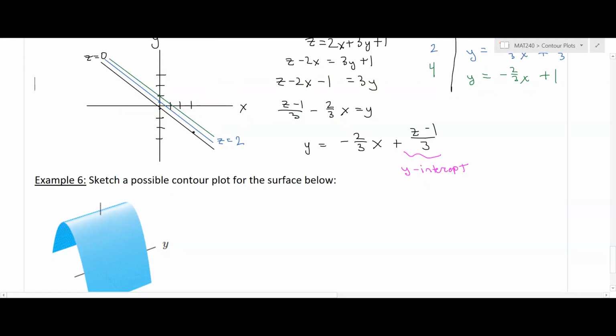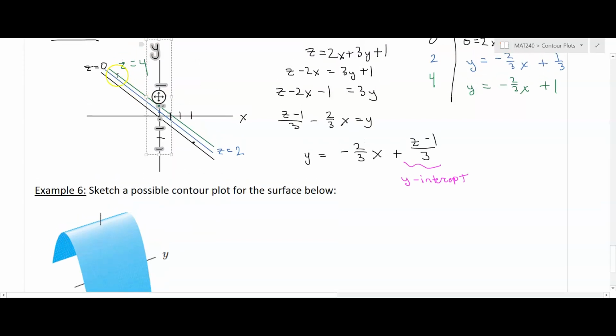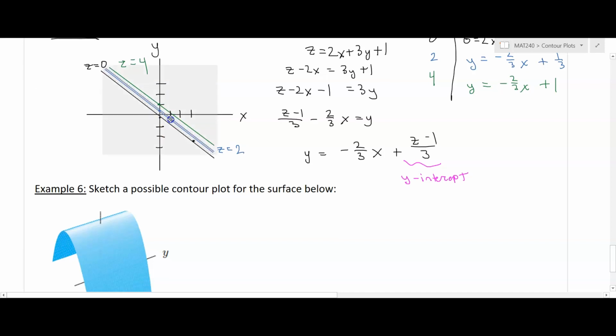These should all be equally spaced. My graphing ability is not fantastic, obviously, but this should be equally spaced. So maybe I should take this down just a teensy bit. Well, close enough. So we get the idea.